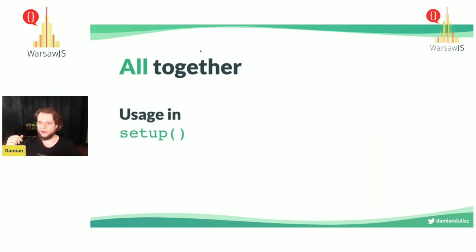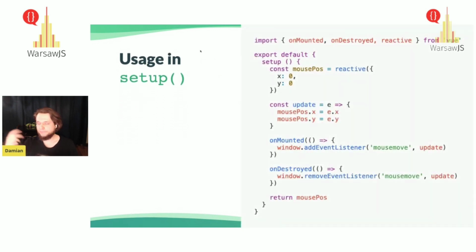Altogether now, there is a new thing in a Vue component, which is called setup. It basically replaces almost everything within a Vue component, except for components and props. Here is an example that you, I think, have seen previously, where we translated the mixin or the scoped slots example into the composition API within a component.